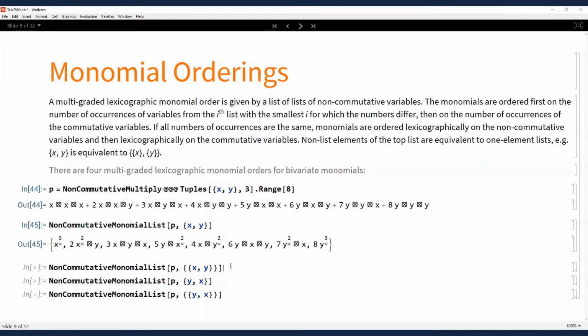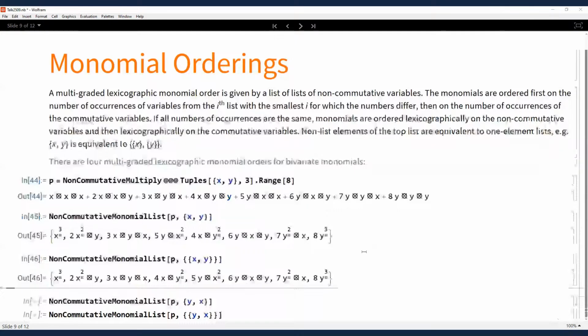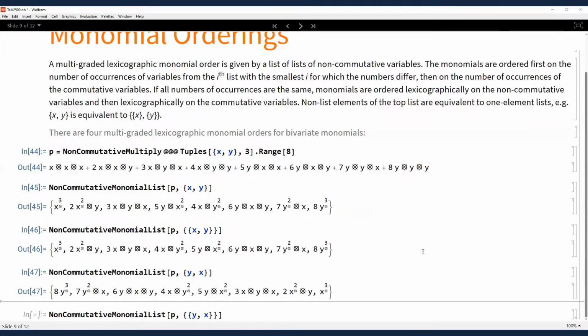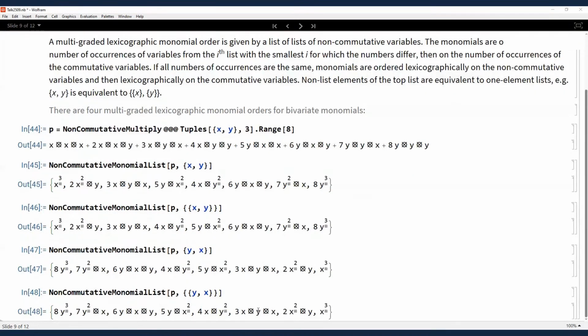Here is the monomial order given by per xy. See the order of this term is different here. And if we reverse the order of y and x, we also get different orders. So for two variables, we have just 4 possible orders.